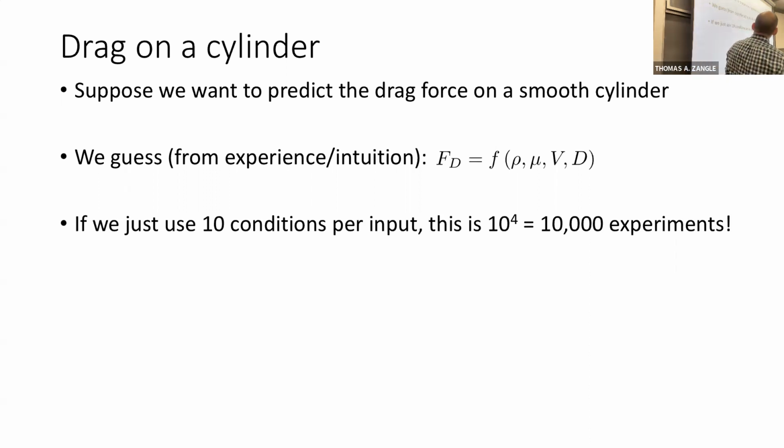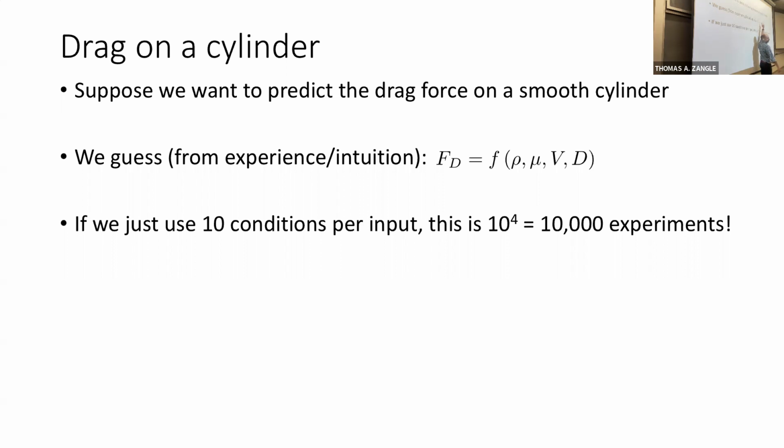And now let's say we want to try to figure out, in general, how does drag force vary with respect to all of these different variables? Let's say you're going to set up an experiment where you're just going to take 10 conditions for each one of these variables.